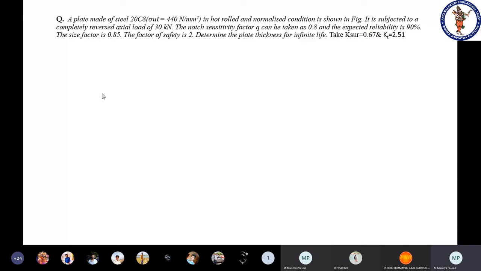The problems corresponding to finite life are also very simple if you have understood the drawing of the SN diagram. Now we are going for one problem corresponding to infinite life.